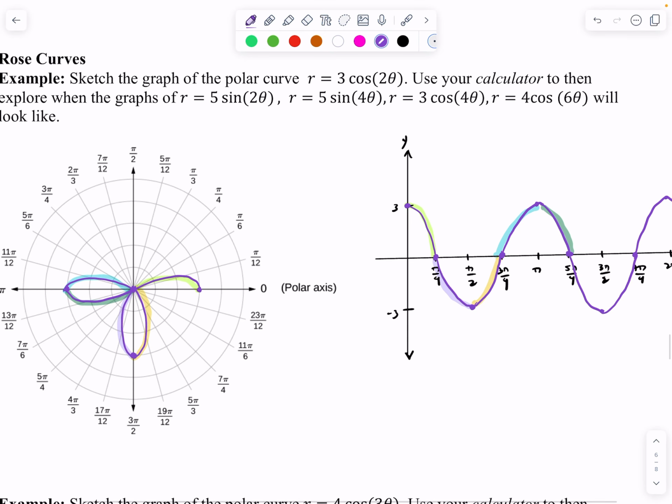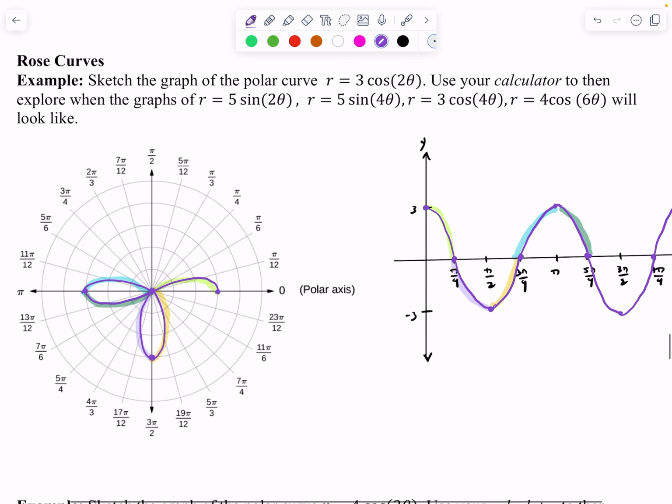So we're not quite done yet, because now as we go from 5 pi over 4 to 3 pi over 2, we have negative values of r. And then at 3 pi over 2, we're at negative 3, which means we end up counting 3 towards pi over 2. Okay, so that would be that part of the graph.